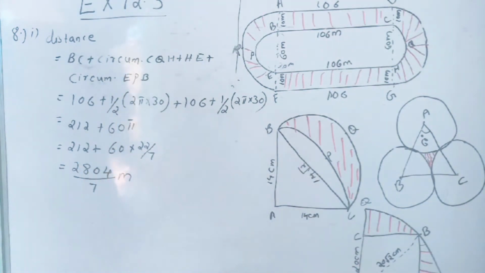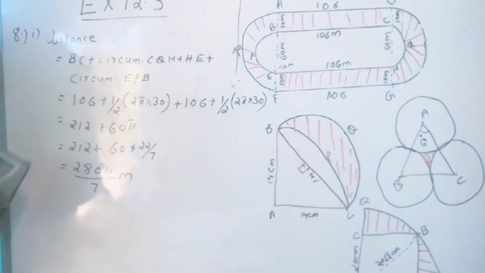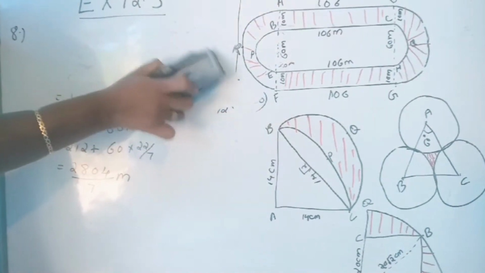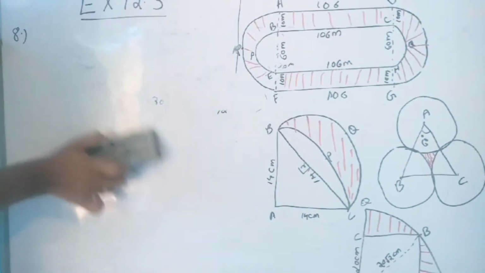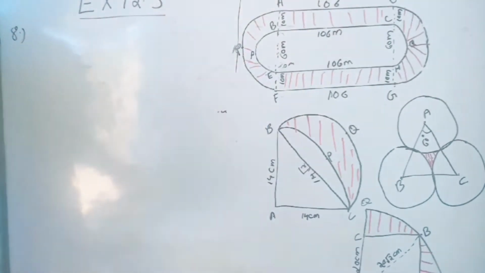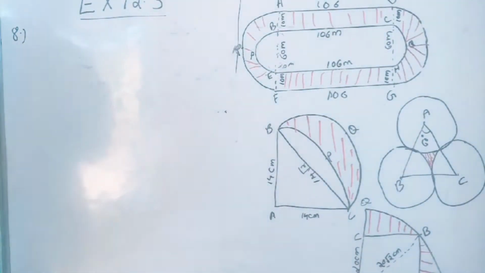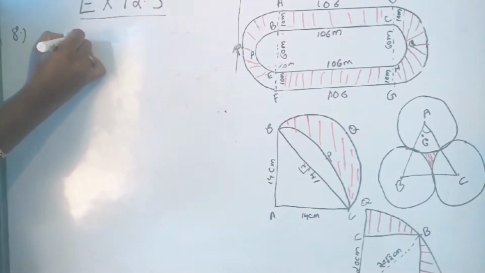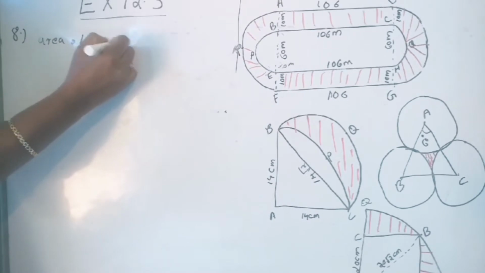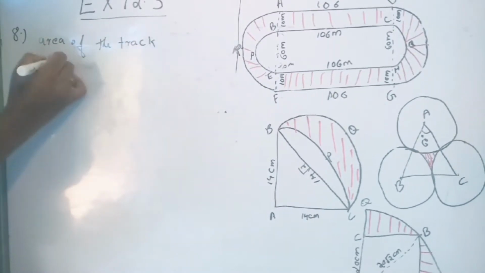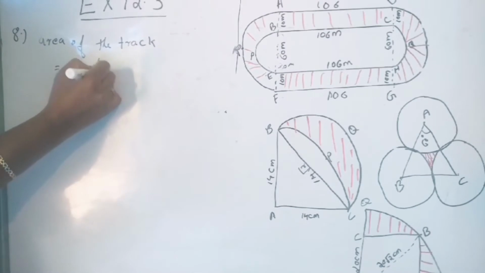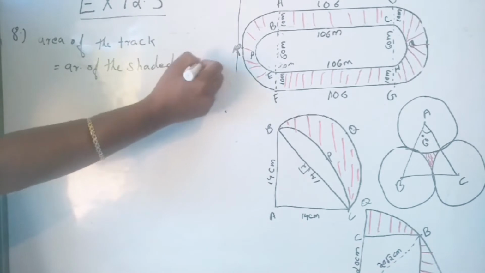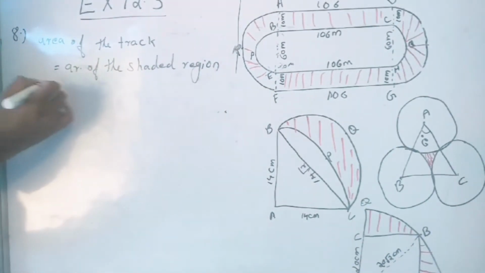Now, second question, we need to find the area of the track. The area of the track is equal to the area of the shaded region. Now just look at the figure.